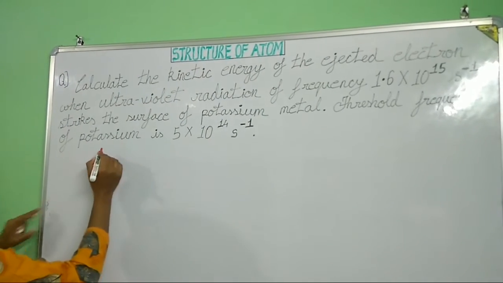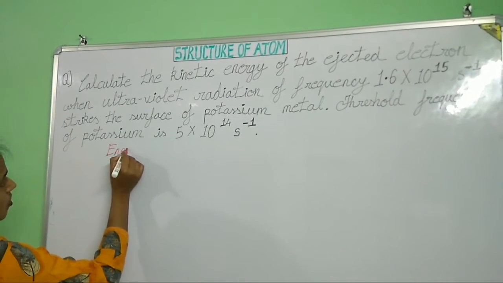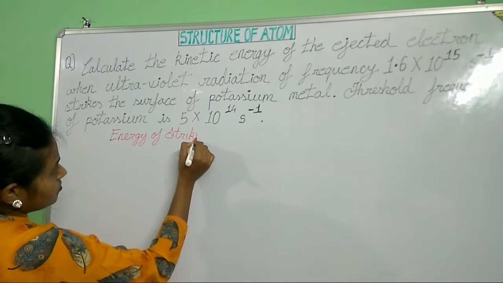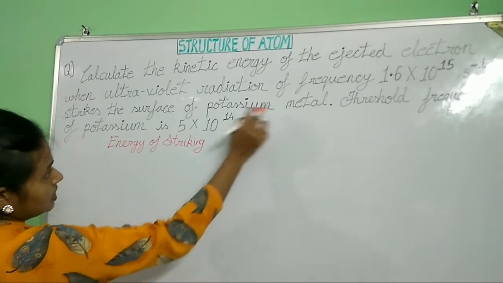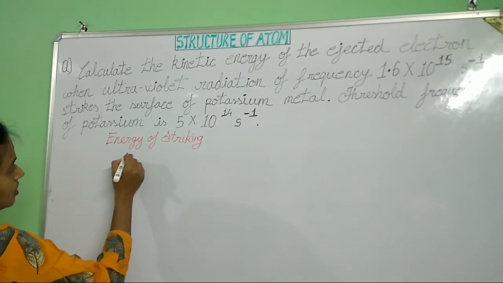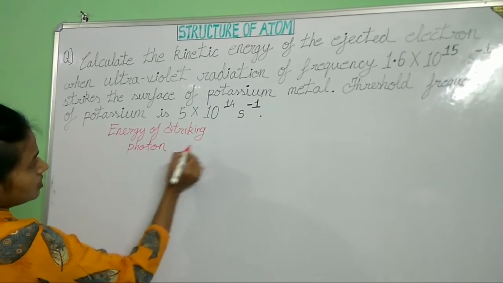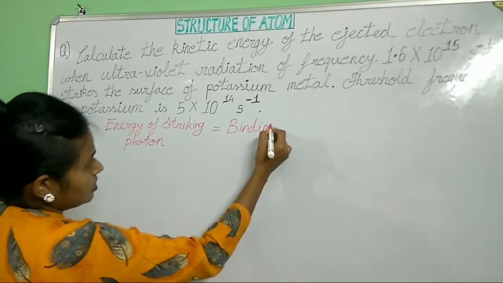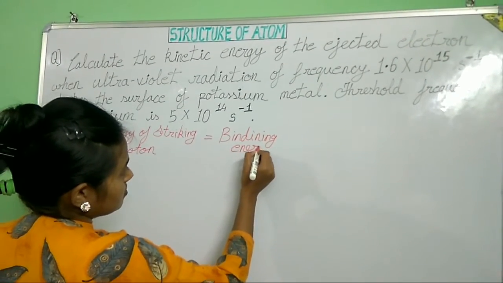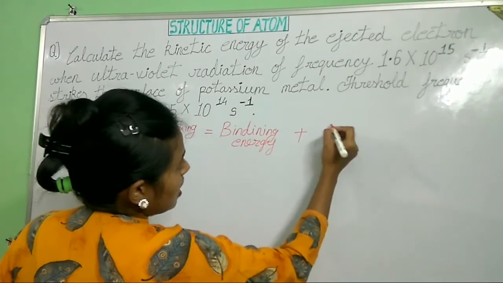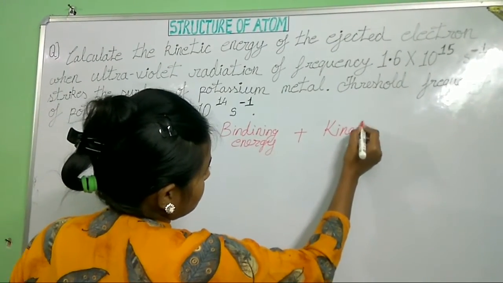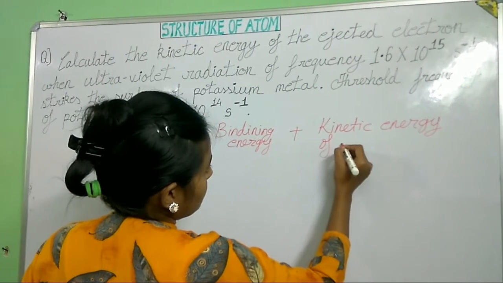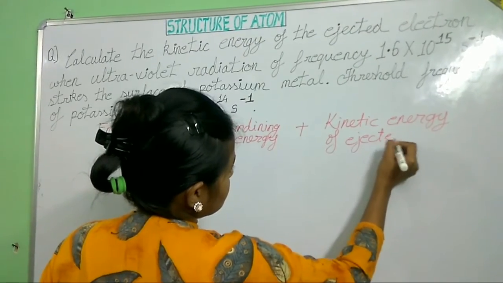So, as we know that energy of striking photon is total of binding energy plus kinetic energy of the ejected electron, right?